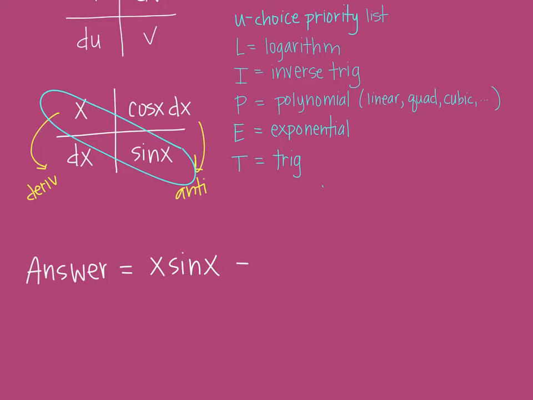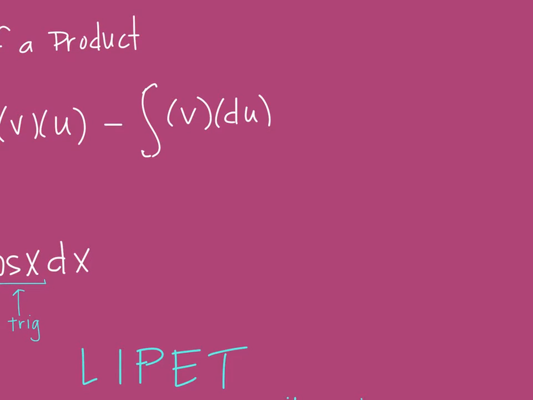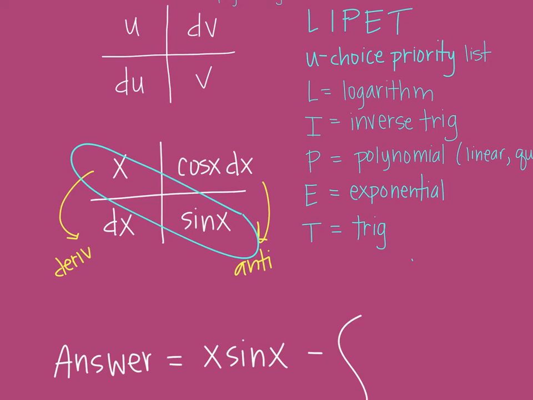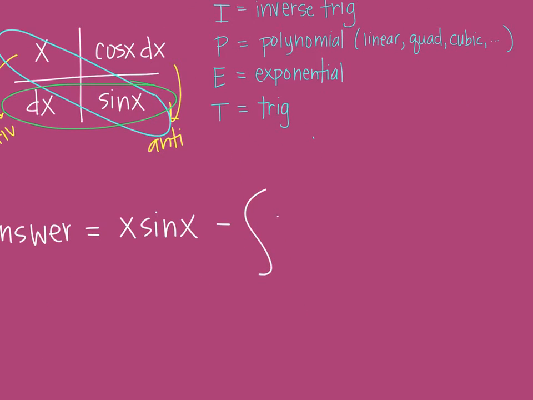Then minus the integral again. And this time, let's look back at how it goes. It's the v part combined with the du part, which are those two pieces next to each other. So we get sine x dx.